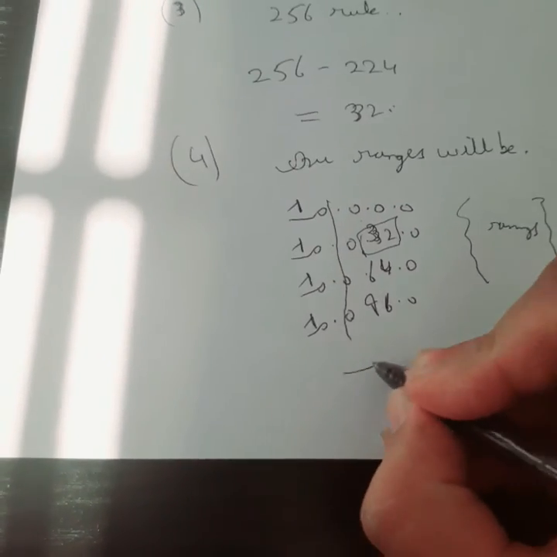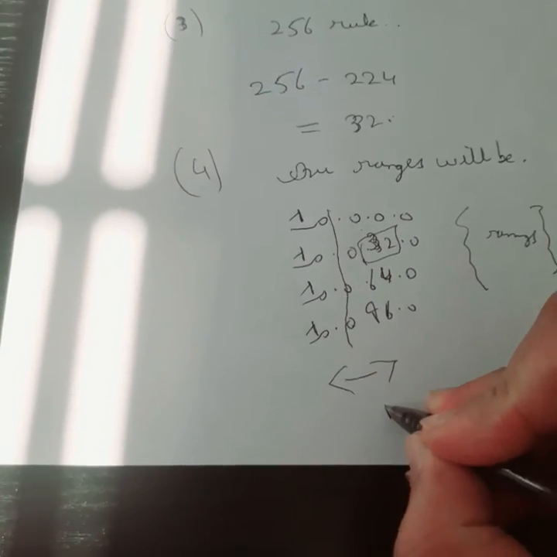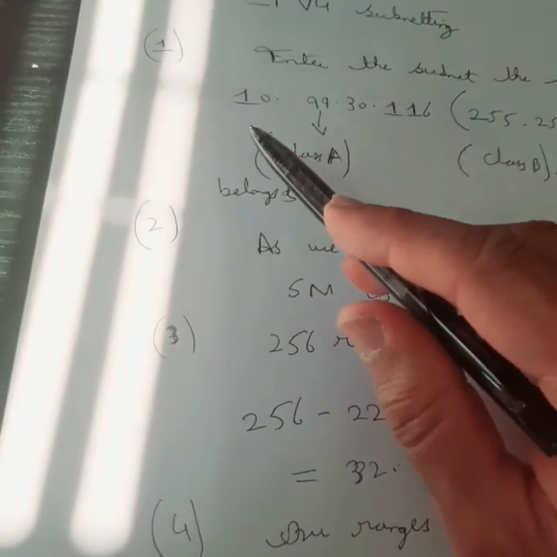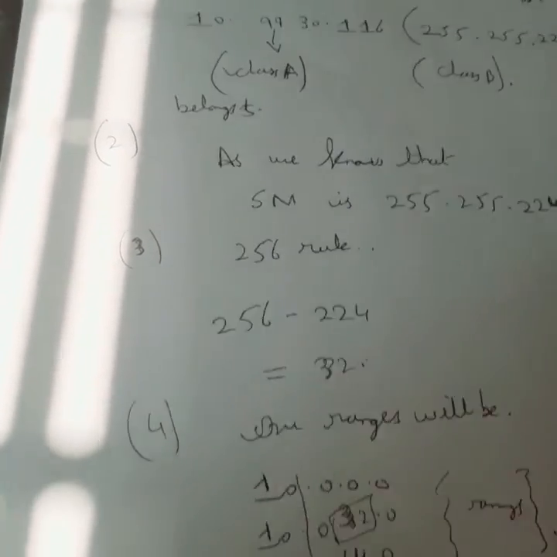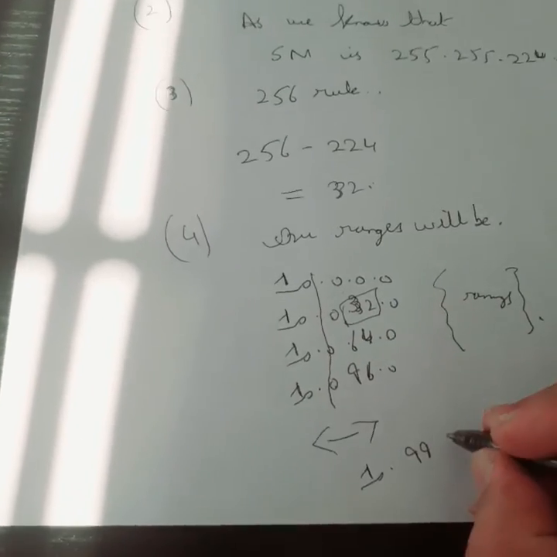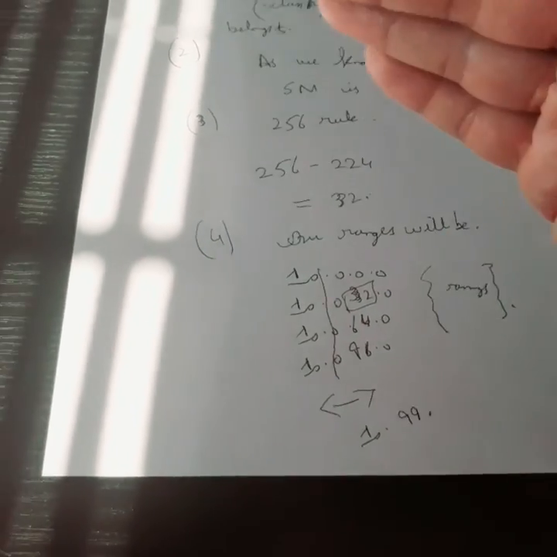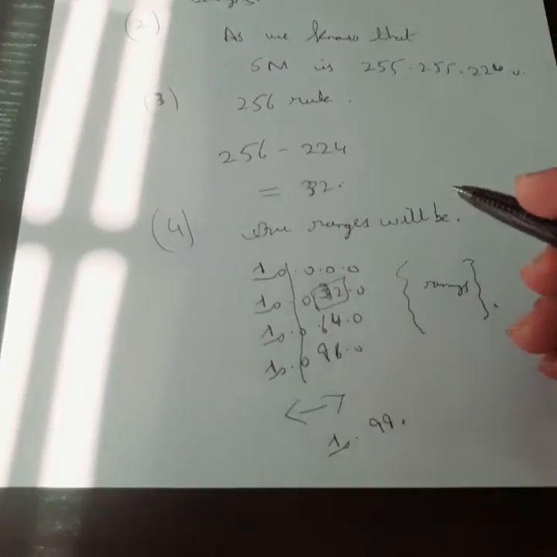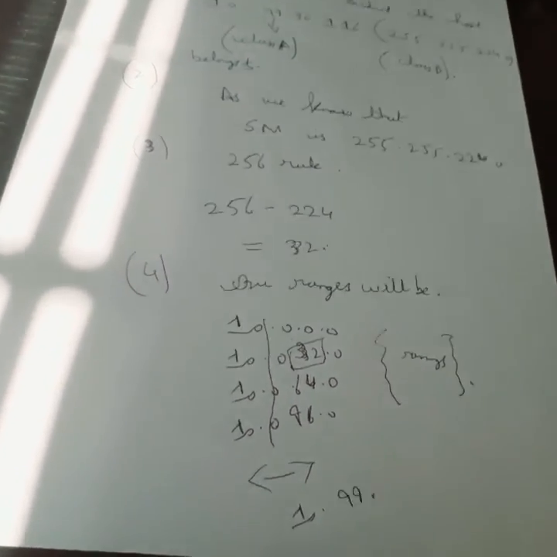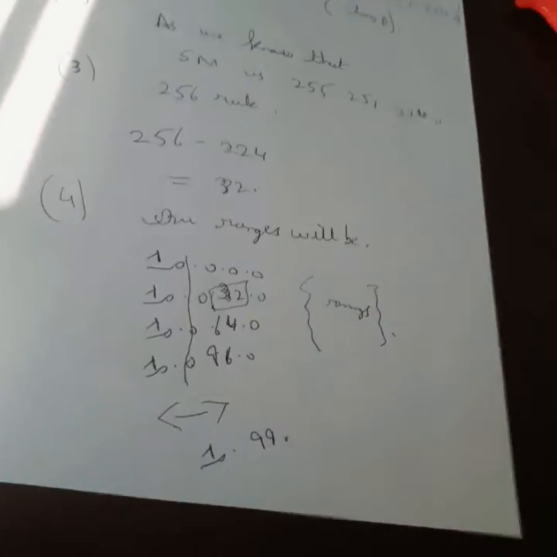So 10.99.30.116. Everything will remain the same. Just in the second octet, we have to literally copy the 99 down so that we stay in the increment levels.